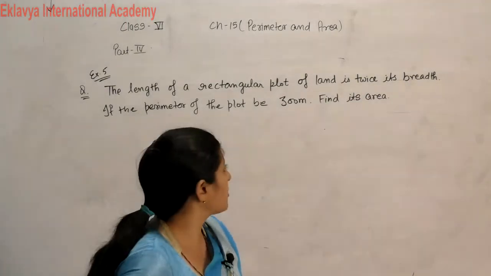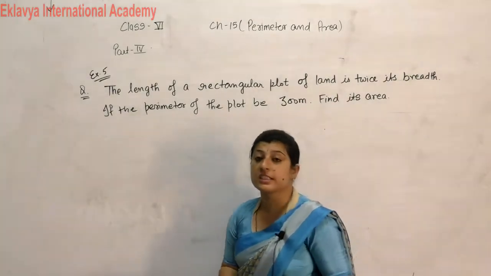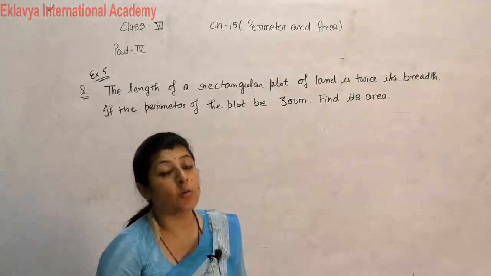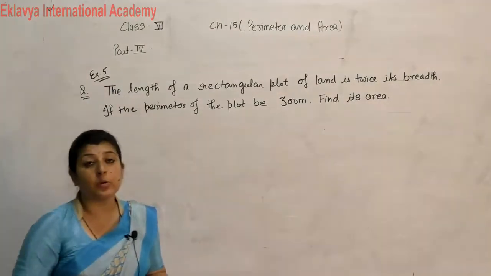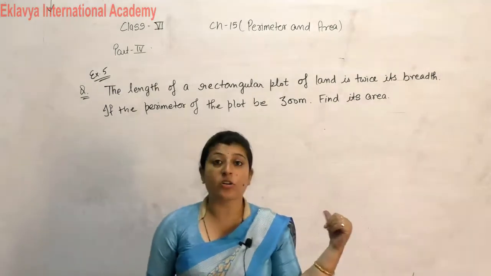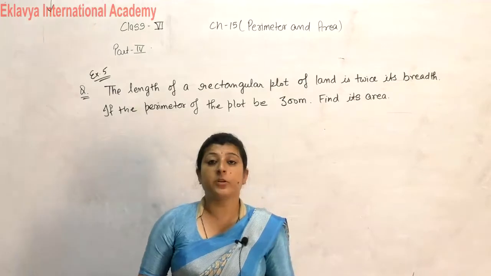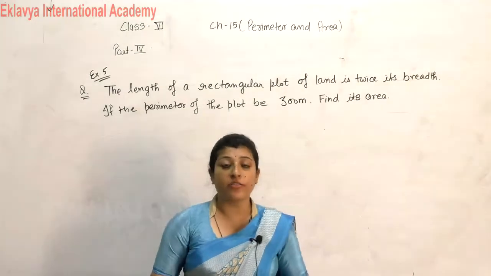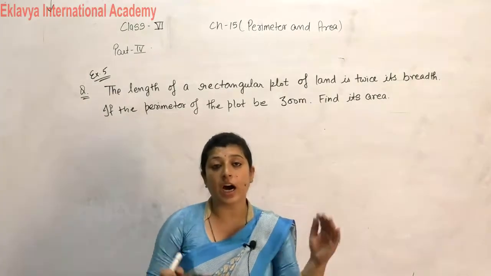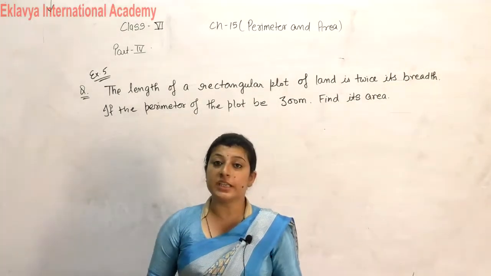The length of a rectangular plot of land is twice its breadth. This is a question related to equations also, which you discussed in linear equations: how to convert a statement into a linear equation. So this is not only a question of perimeter and area, we use the concept of linear equation, how to convert a statement into a linear equation.